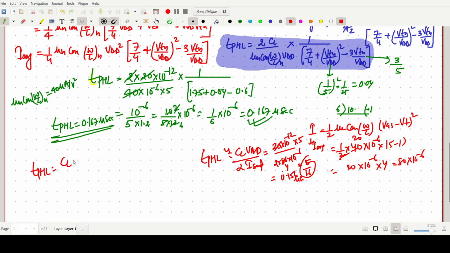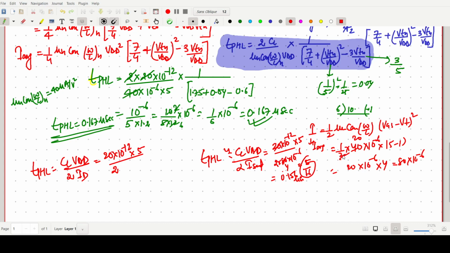So just CL VDD by 2ID, just tau PHL. Once again I am doing CL VDD by 2ID. CL is 20 into 10 to the power minus 12, VDD value will be 5, then 2 we write as it is.